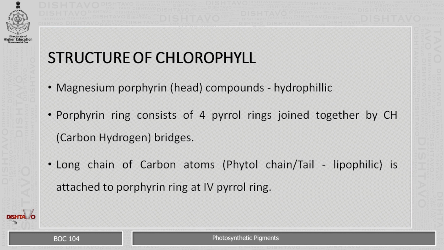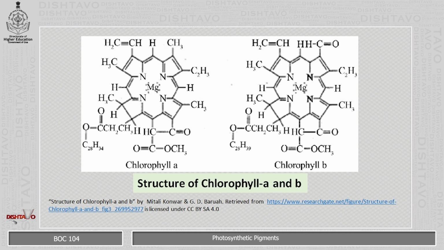This phytol chain or the tail is lipophilic in nature and it is attached to the porphyrin ring at the 4th pyrrole ring. These are the structures of chlorophyll A and chlorophyll B. This is the magnesium porphyrin ring and this is the phytol chain.